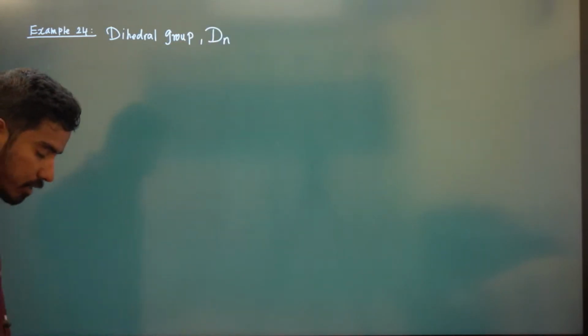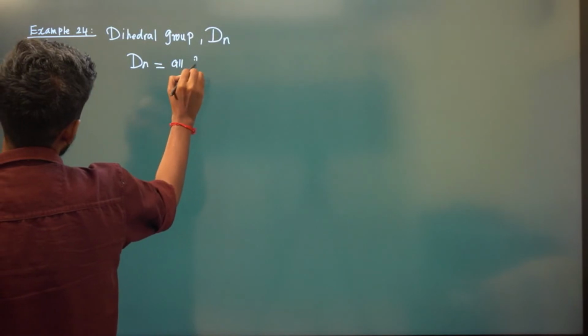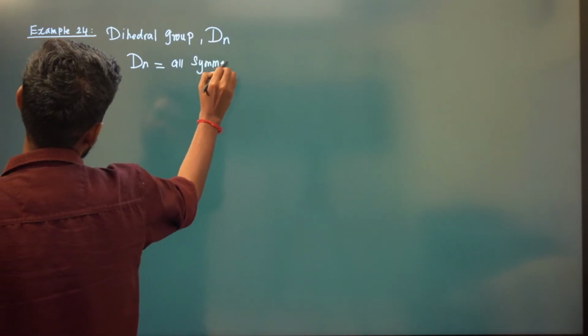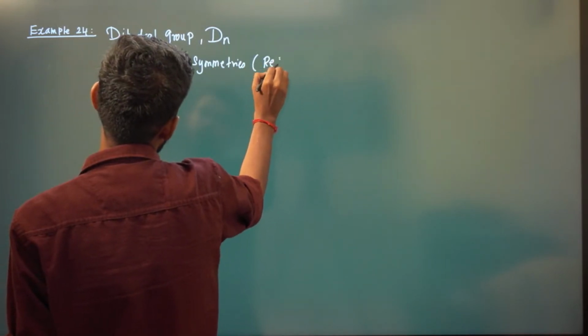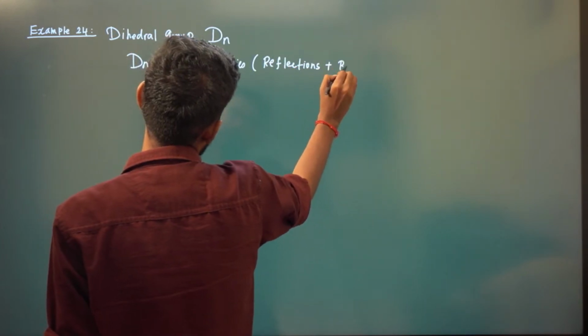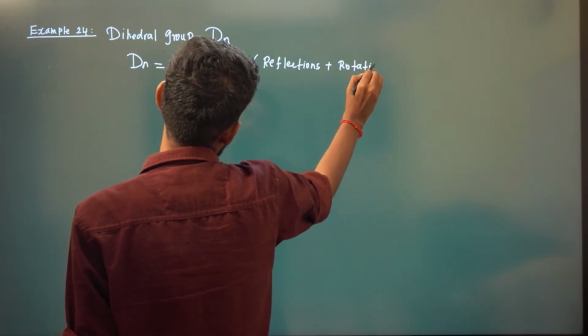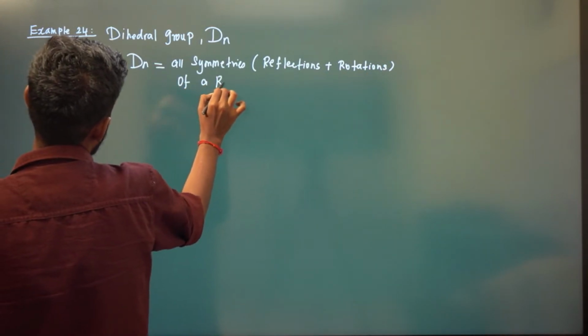So Dn is nothing but all those symmetries of a polygon. It is all those reflections and rotations. So Dn is all symmetries, that is reflections plus rotations of a regular polygon.